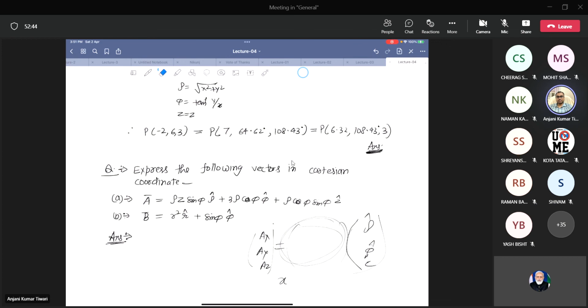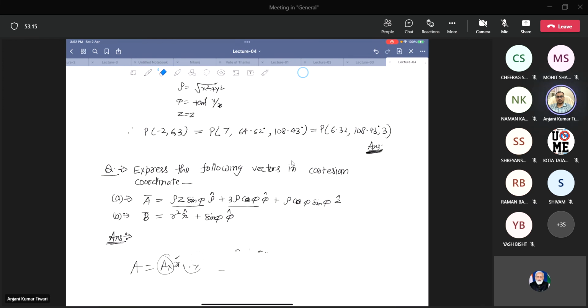So the final vector A will be Ax x cap plus Ay y cap plus Az z cap. Now Ax, Ay, Az you know, because you know the matrix, and this will be whatever A rho is given here: this is our A rho, this is our A phi, and this is our Az.